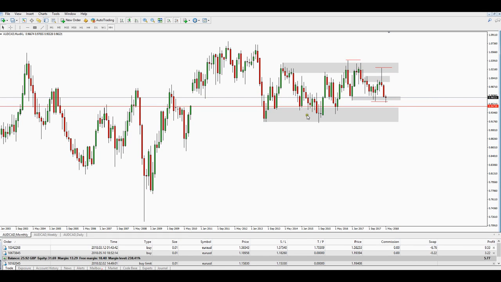But once an established range has happened, that's the worst time to try and trade it, because who knows if it's going to stay a range or start a trend, or fake out. But once it's well established, there's more chance that this could be here for quite some time, sometimes a few years. And we can see we've got quite an established range going on across here.